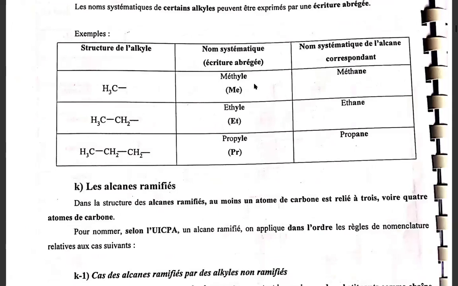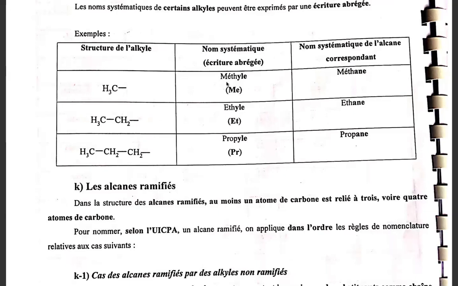Now the alkyl group becomes ethyl with one hydrogen atom less, and the number of hydrogens is reduced. Instead of being 6, they are now 5. This is 3 plus 2. So sometimes, depending on how the professor is going to teach you at your schools, these alkyl groups may be represented in this form. Methyl can be written as Me.